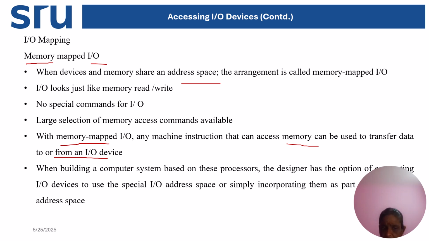When building a computer system based on this processor, a designer has the option of allowing the IO device to use a special IO address. That is, depending on the architecture, an IO device may have a separate address space in the total memory space.